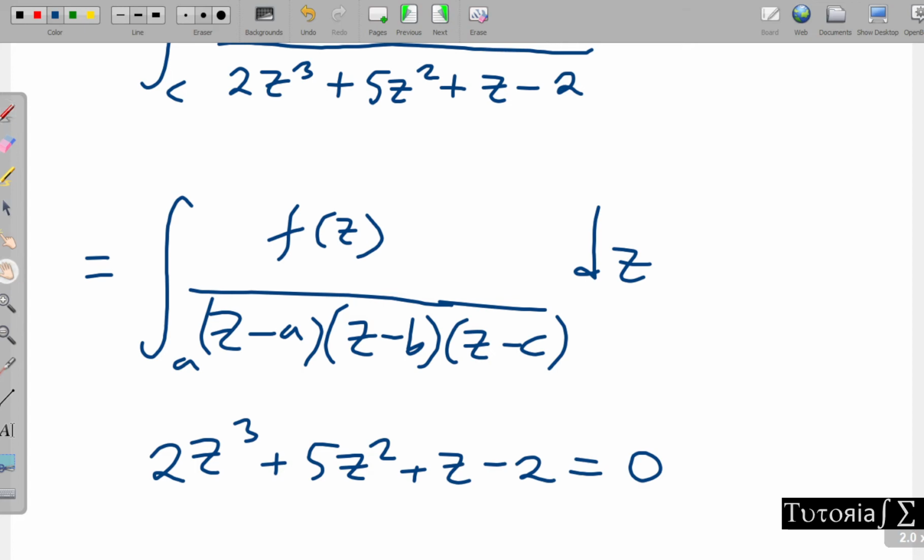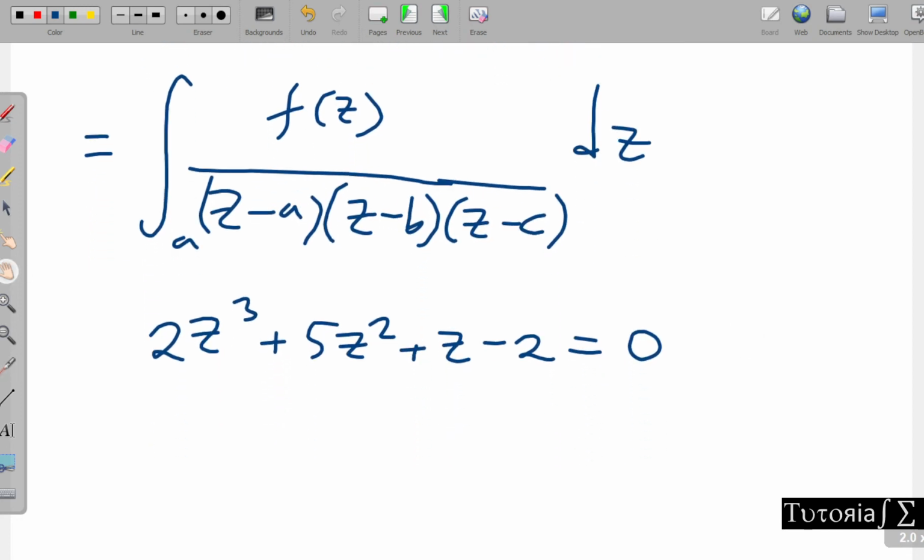We are going to find the first number that satisfies this equation. What number can you replace here that will give you 0?